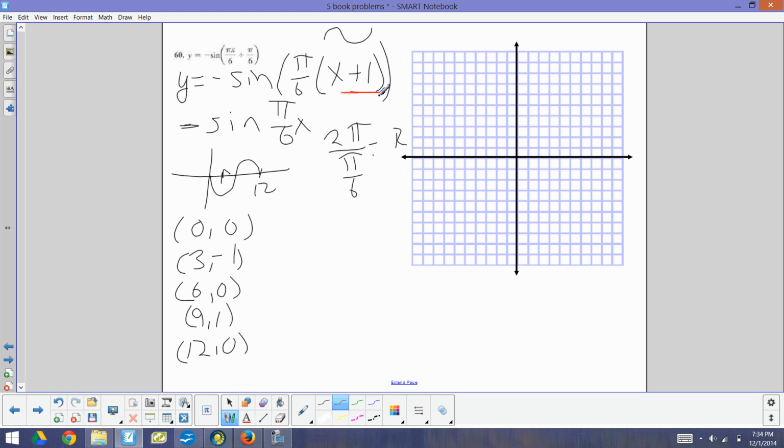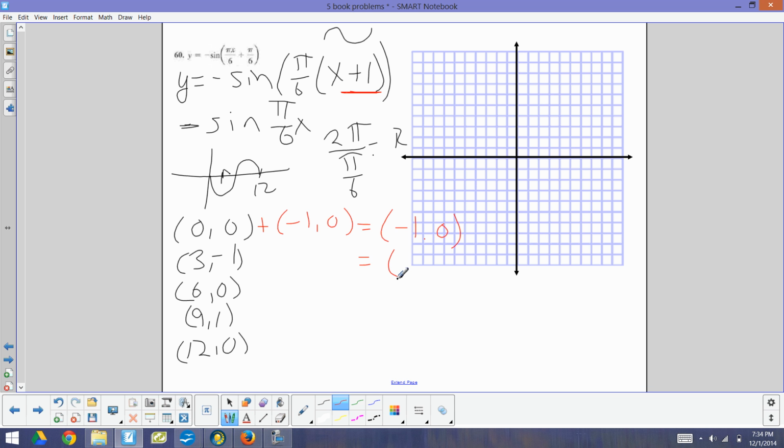Now, let me take that into account. That is left 1. Going left 1, you would subtract 1. So my new points would be negative 1, 0.